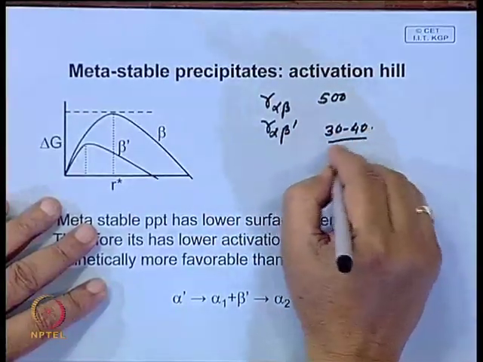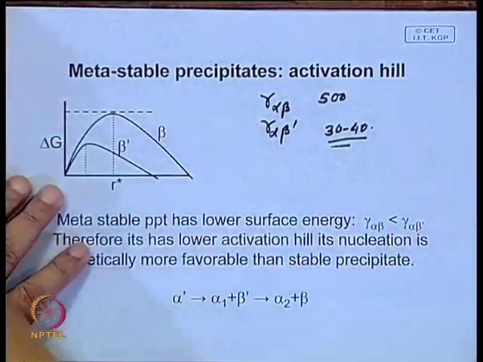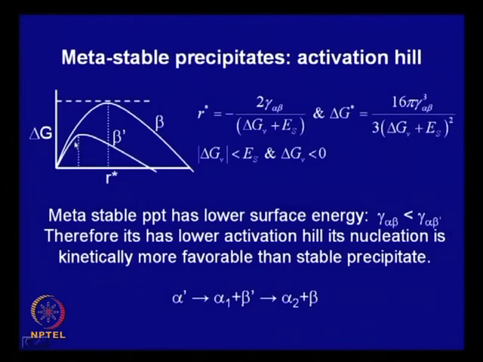So, immediately you see that the critical nucleus size becomes smaller, and also the activation hill which it has to overcome, this term will dominate, so this also will be lower.